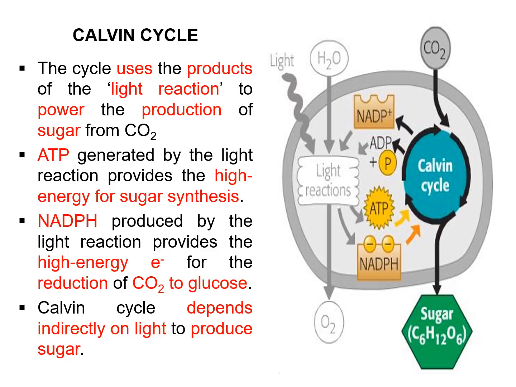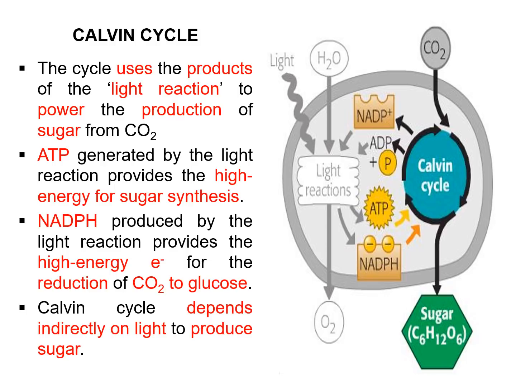In the Calvin cycle process, the cycle will use the products of the light reaction to power the production of sugar from CO2. ATP generated by the light reaction will provide high energy for sugar synthesis.